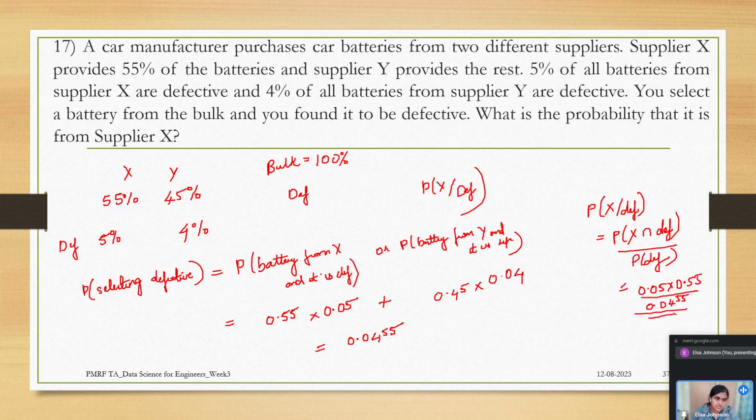You can calculate this and that will be the answer to your question. Let me calculate this one: 0.05 into 0.55 divided by 0.0455 comes to about 0.6. So that's the answer.